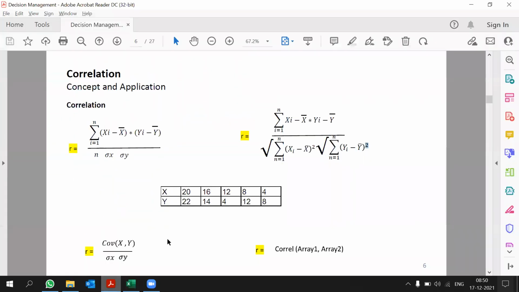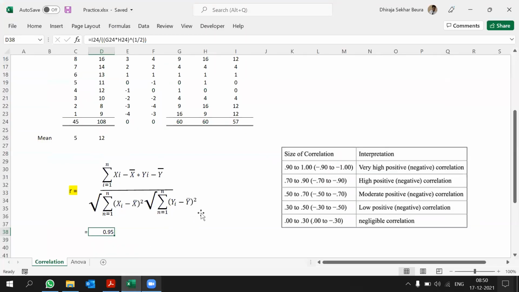Now, very quickly, there is another formula which is very vital for us to remember. It is just another way of representing the same formula. Look at this formula now.